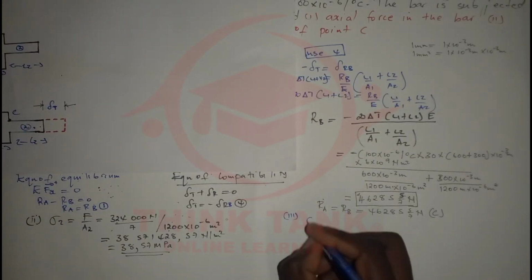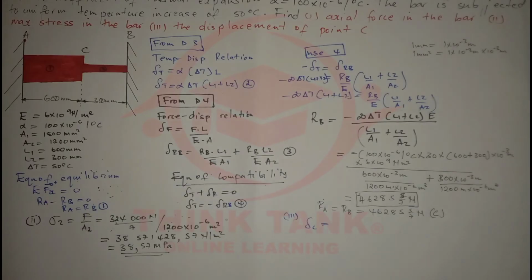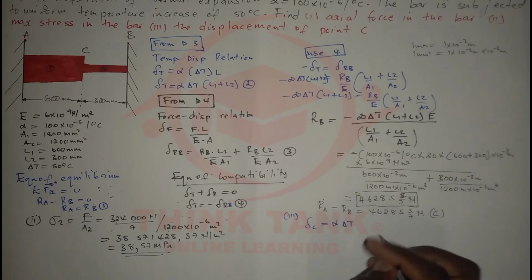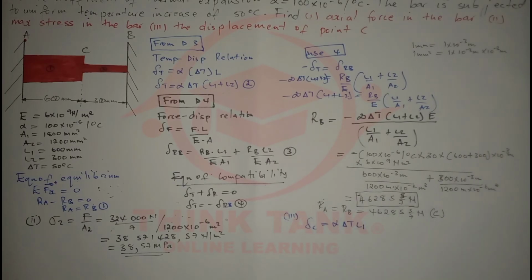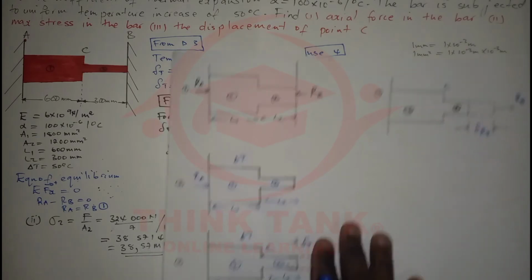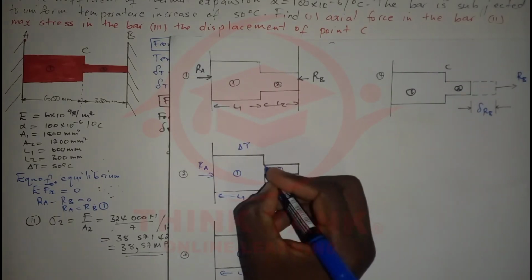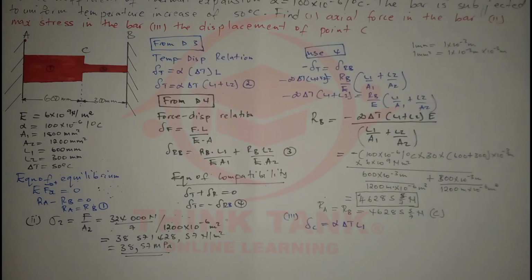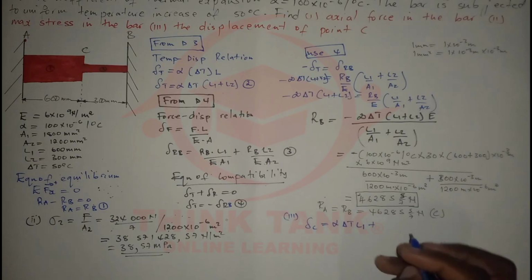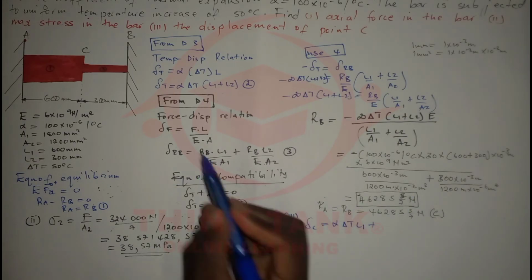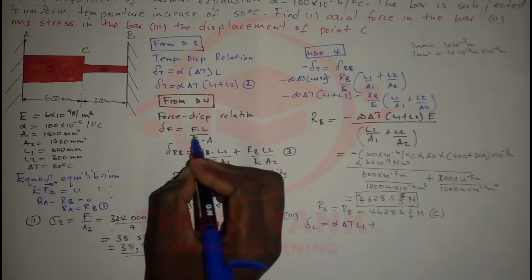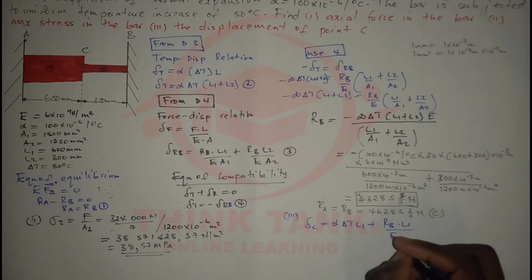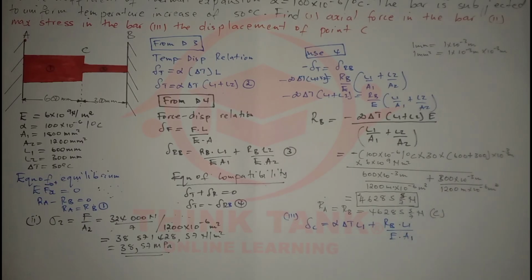So I'm going to say the displacement of point C is going to be the displacement due to temperature change, so that is alpha times the change in temperature times L1. Say this is point C, and say this is my positive x-axis, point C is going to move in this direction, plus the change due to RB. You know that the change in length due to a force is equal to force, in this case RB, times the length L1, over E times A1.